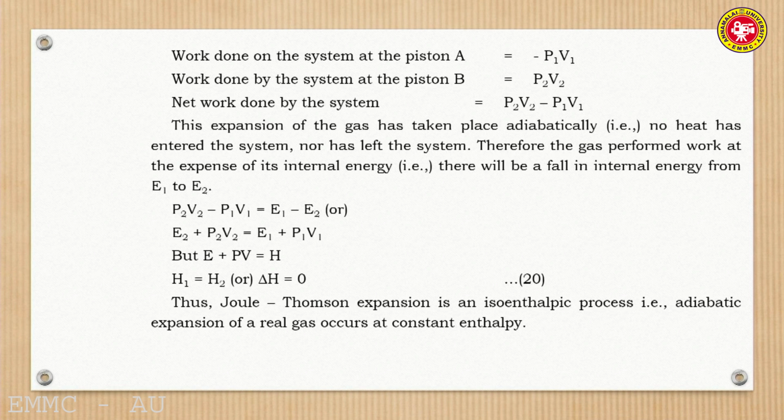We know that E plus PV is equal to H. So, based on this equation, H1 is equal to H2, or delta H is equal to 0. So, Joule-Thomson expansion is an isoenthalpic process, that is, adiabatic expansion of a real gas occurs at constant enthalpy.